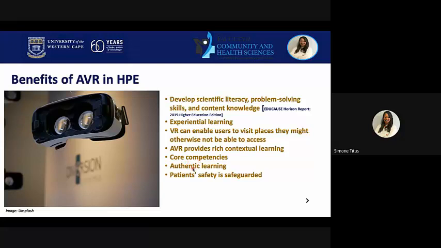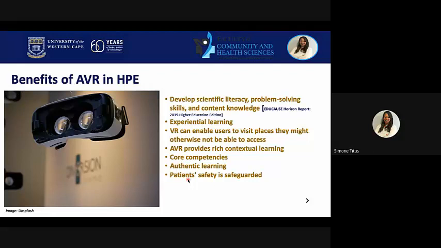The other benefit is that it provides opportunities for more authentic learning, and it appeals to multiple learning styles, because some students are visual, some students are auditory, some students prefer text, and it provides students with a more personalized and explorative learning experience. And lastly, patient safety is safeguarded, because if mistakes are made during skills training in AR, it can just be repeated.